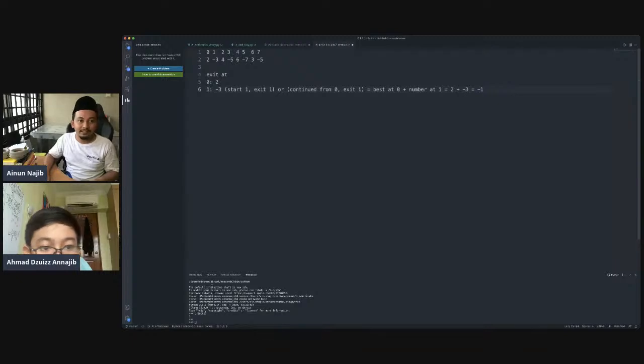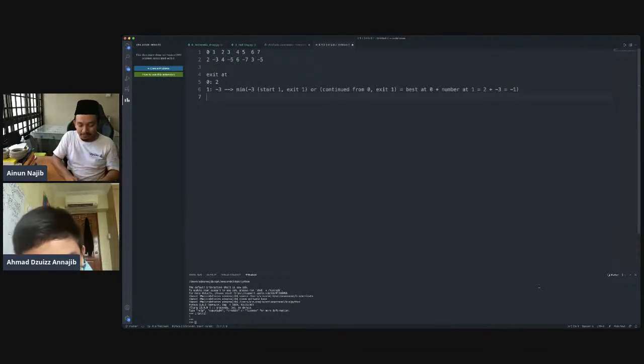So my option is either minus 3 or minus 1. But which one is best? Minus 3. So it's the minimum of these two. You get what I mean? Yeah, I get it. Then you continue.